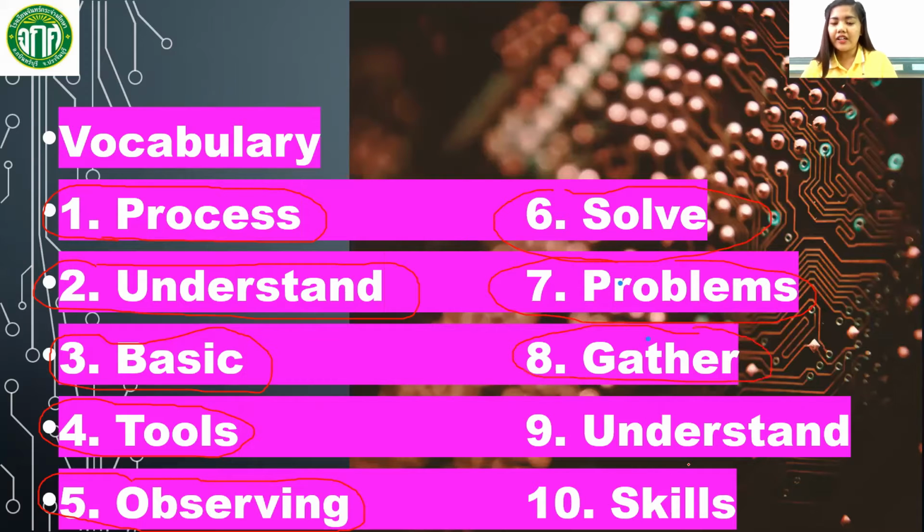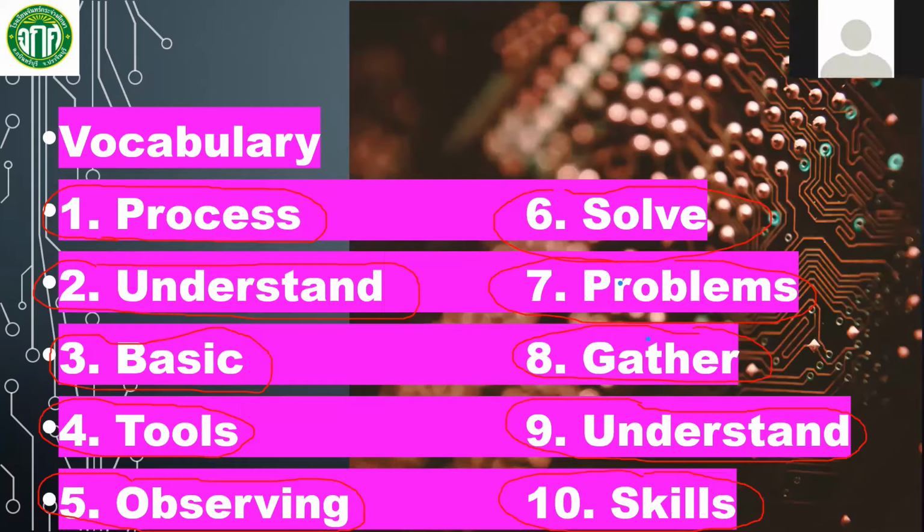Okay, again, understand. All right, very good. Next, and the last one is skills. Very good. So please include the letter S, okay? Skills. Okay. So those are the 10 vocabulary words.